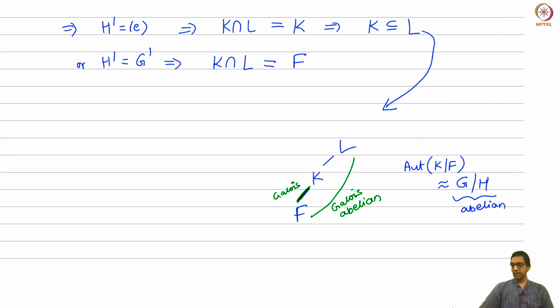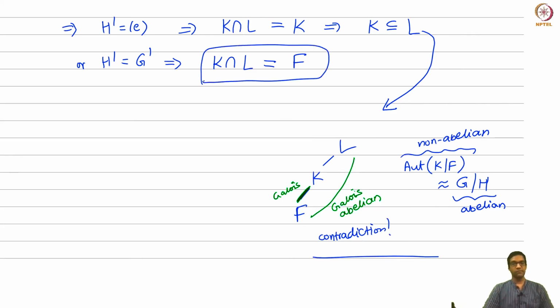But we are also given that the automorphism group of K over F is non-abelian. So we've used both hypotheses, that it is non-abelian as well as simple. So what does that mean? That's a contradiction. So this case can't arise. It tells you that K can't be a sub-extension of L. Therefore, the only option is this one, which is K intersection L is F itself.